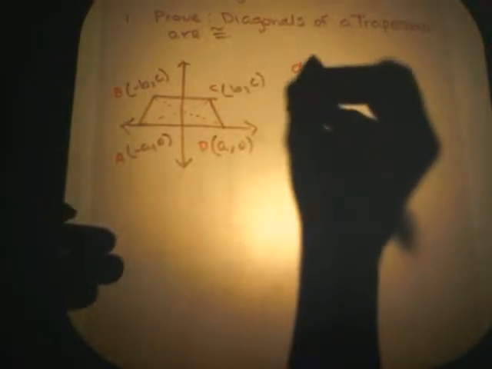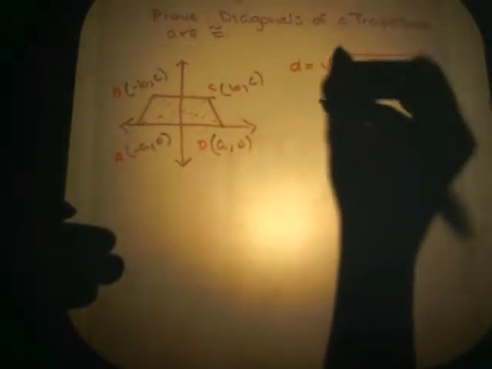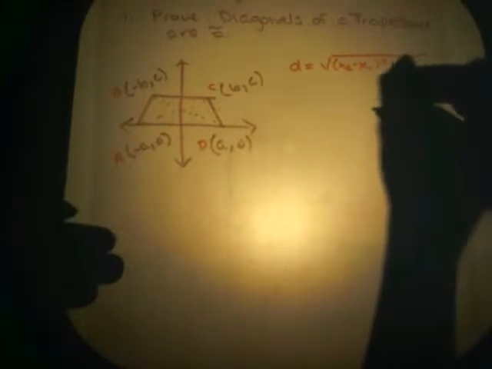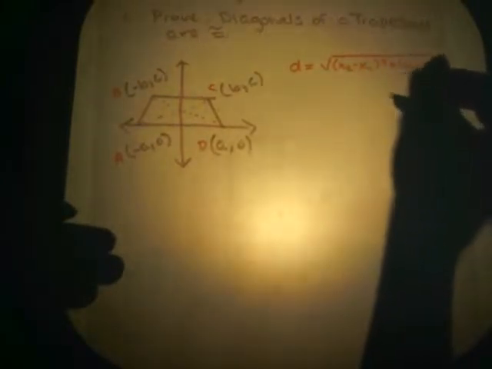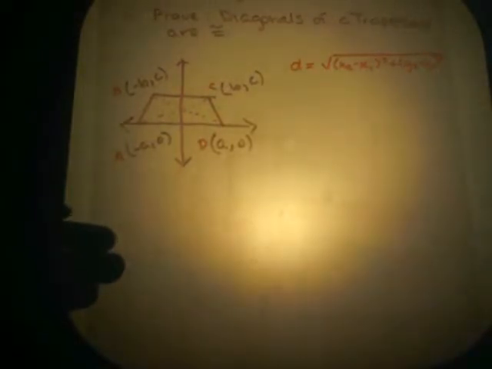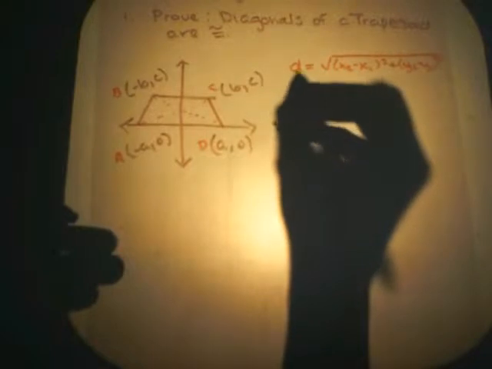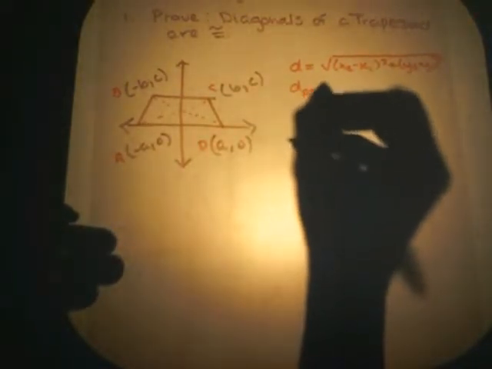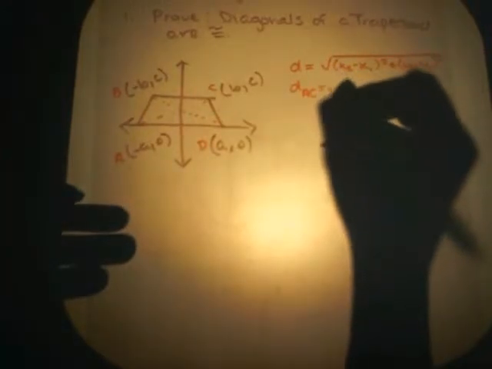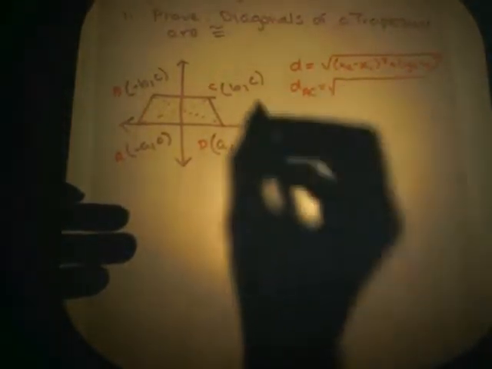And the first thing we want to do is write down our equation. Remember, distance is the square root of x2 minus x1 squared plus y2 minus y1 squared. Okay, now we want to start by first doing the distance of AC. We're going to use both points A and C to find our distance.